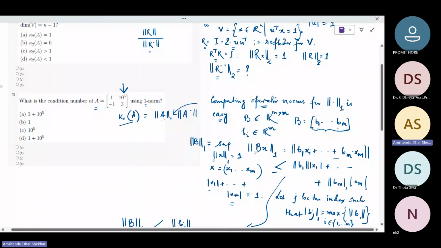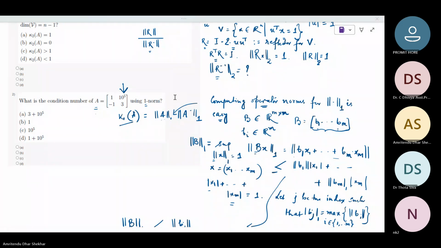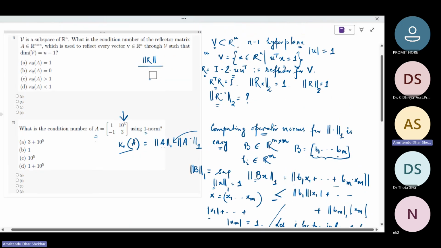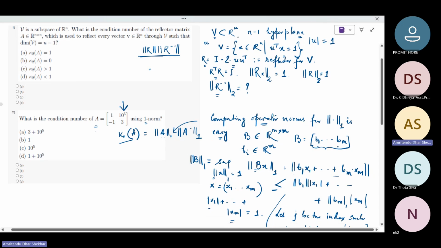That's wrong. Sorry. Yeah, and here as well. Please note the correction. I wrote the formula for the condition number wrong. Sorry for that.